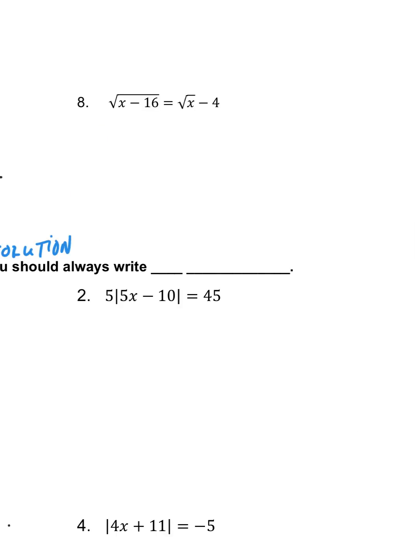All right, last one. Number 8, so square root of x minus 16 equals the square root of x minus 4. So again, it's isolated the largest of those two, so since we don't have to do that step, second step is square both sides. So we're going to x minus 16 equals, this is a binomial. So I'm going to already write it x minus 4 times square root of x minus 4.